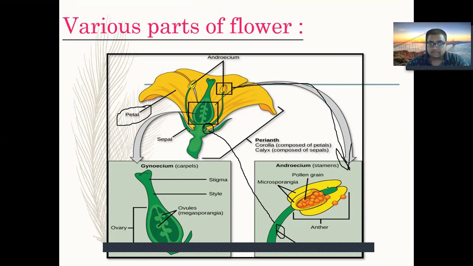Okay, the head of this androecium, or the androecium, is also called stamens. So the head of this androecium is the anther. Anther contains pollen grains, and the outside structures are called microsporangia. Okay, and this filament holds this anther to the flower at this base, at this point here downwards.